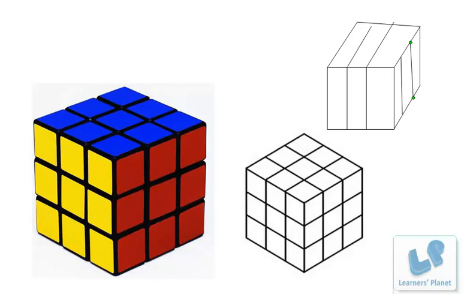Then horizontal partition this way. Doesn't matter if some unevenness is there. So this way you can draw this.